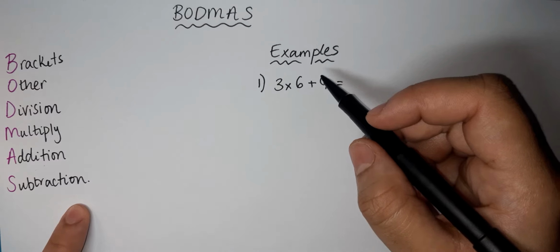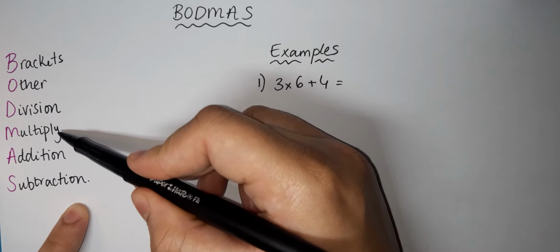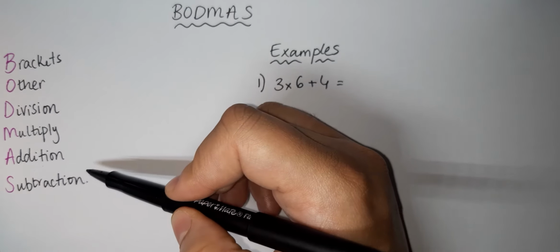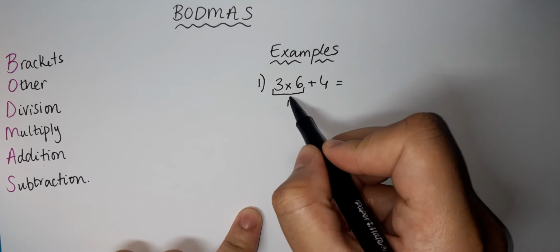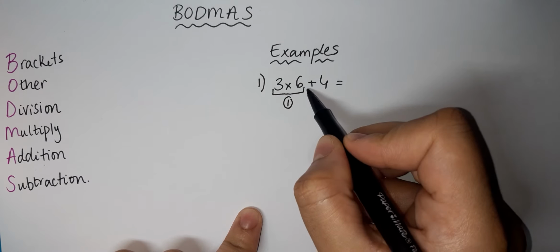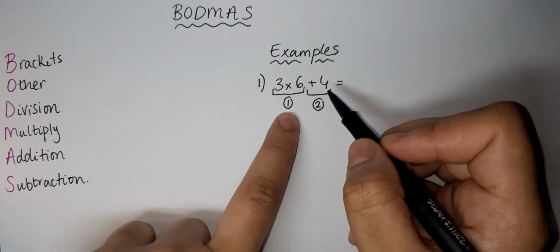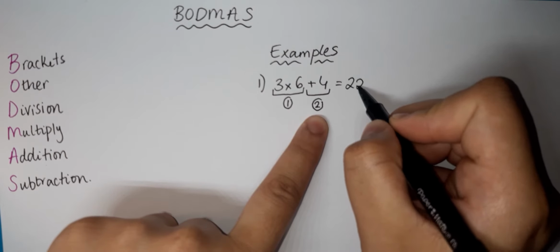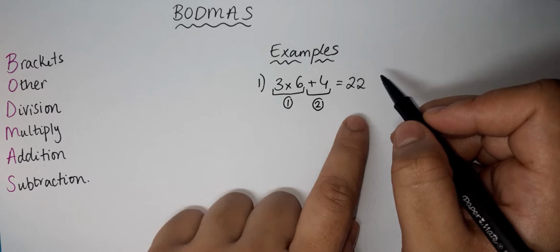So if we look back over here, we can see that we need to do the multiplication first because it comes first in the list of BODMAS. So we do 3 times 6 first. This is our first step. And then whatever we get here, we will add 4. That's step 2. So we know that 3 times 6 is 18, and 18 add 4 is 22. So that is the answer for 3 times 6 plus 4.